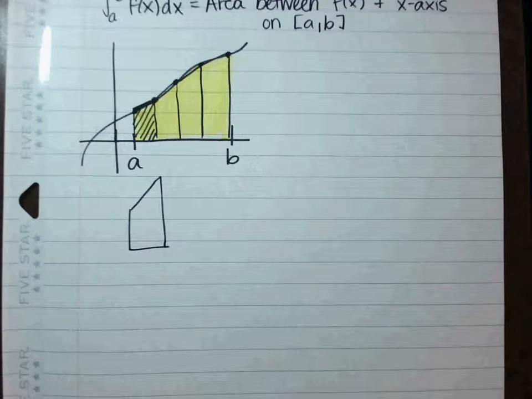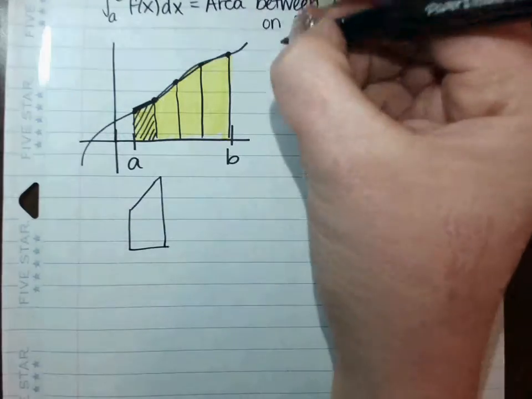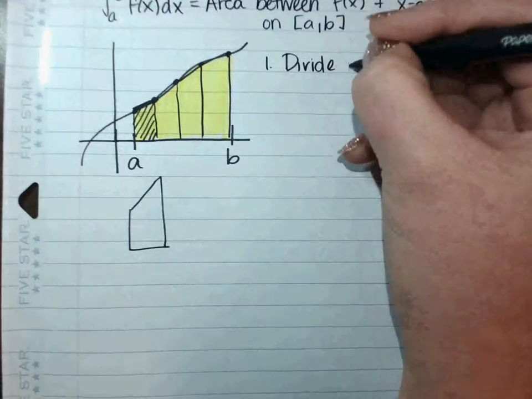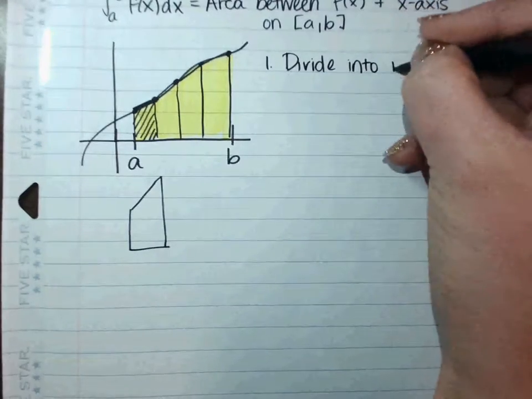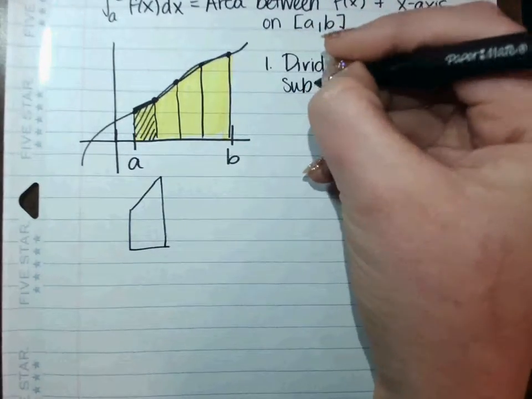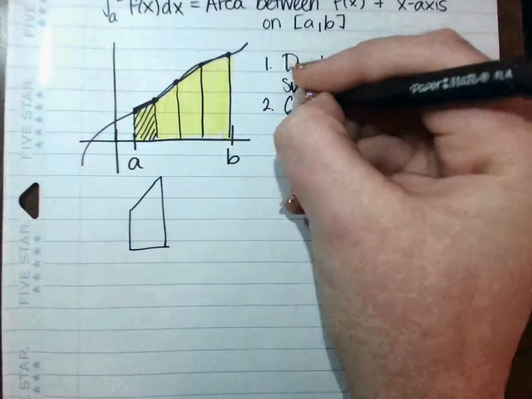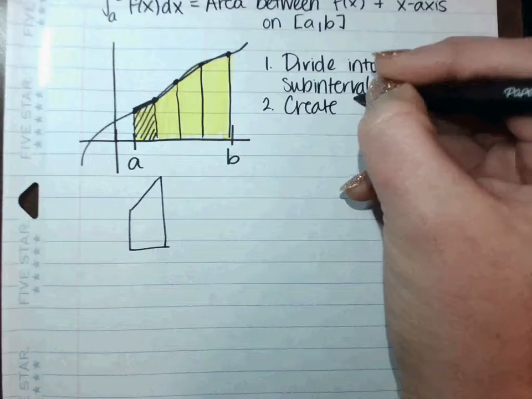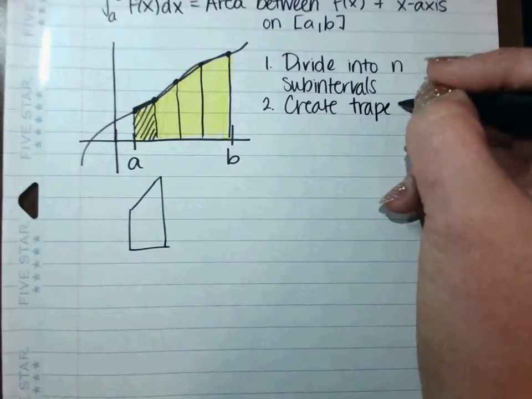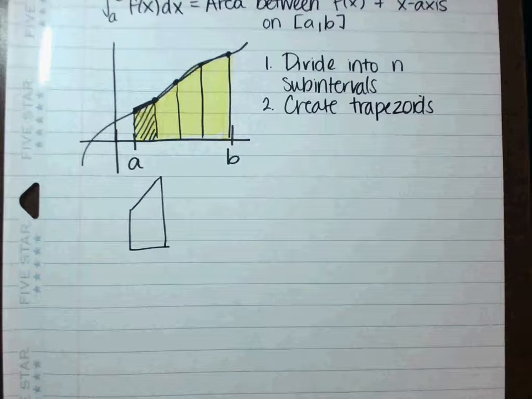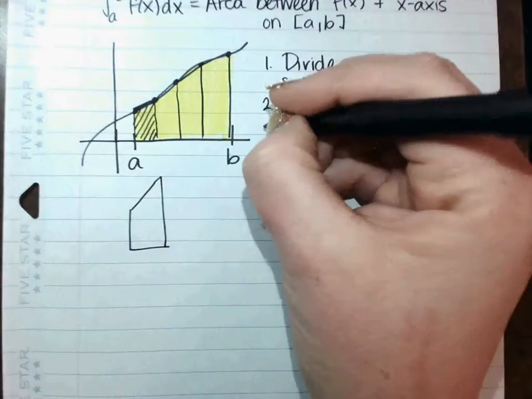Okay? So what you're going to do, we're going to very shorthand our notes from yesterday, is you're going to divide into n subintervals. And then you're going to, instead of creating rectangles, create trapezoids. Then what are we going to find for each trapezoid? We're going to find each trapezoid's area, and then add all of those up.